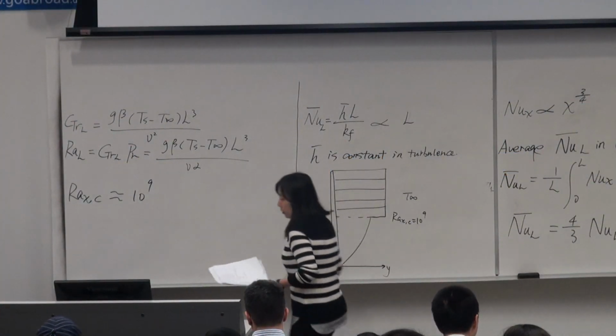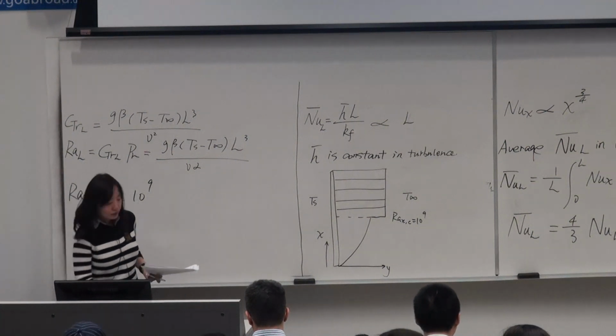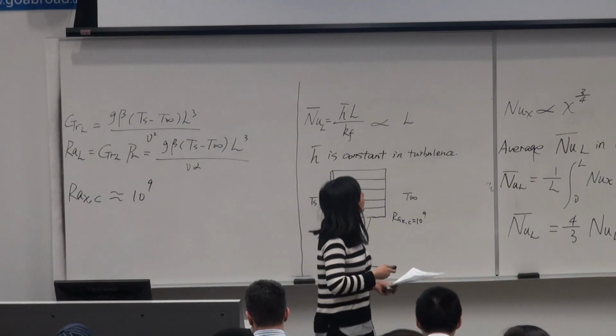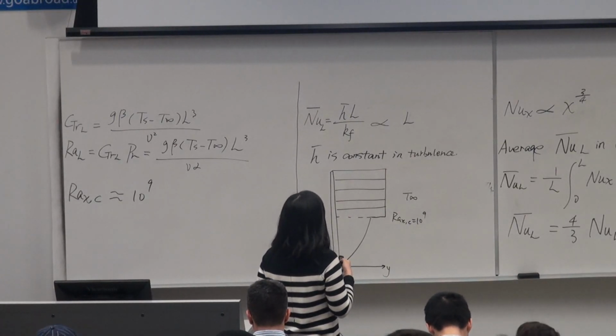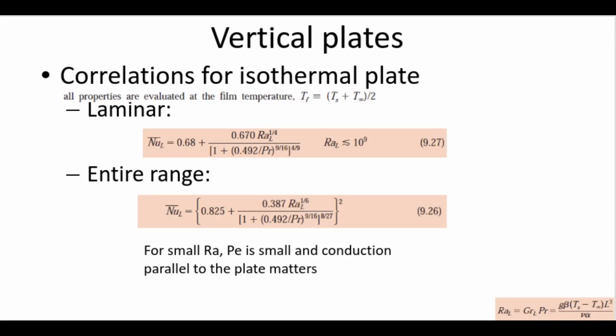And for the isothermal vertical plates, there are two correlations available. Let's see this one first. It applies for the entire range of Rayleigh number, equation 9.26. It applies for both laminar and turbulent regions. It looks a little bit scary. And if we have our Rayleigh number smaller than 10 to the power of 9, you can use equation 9.27 directly.